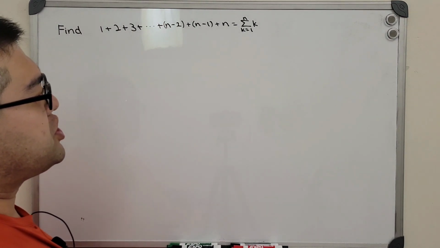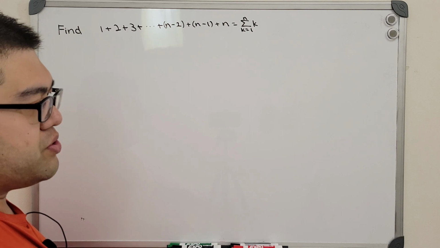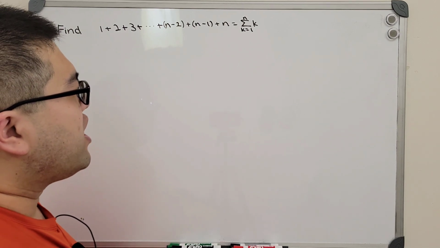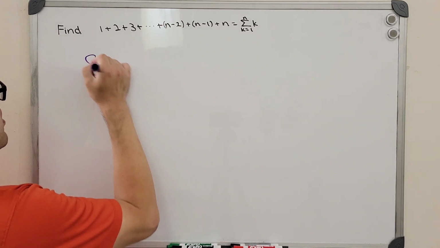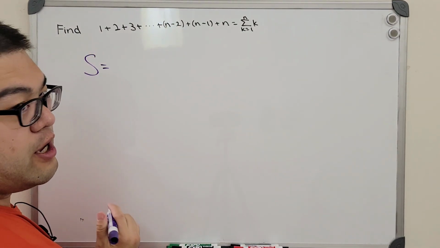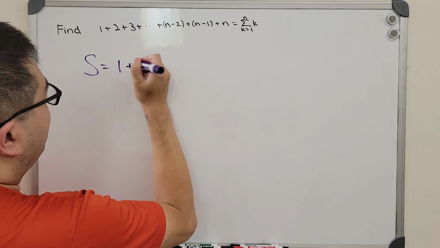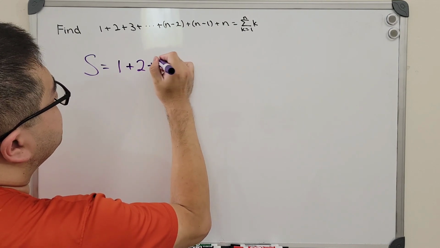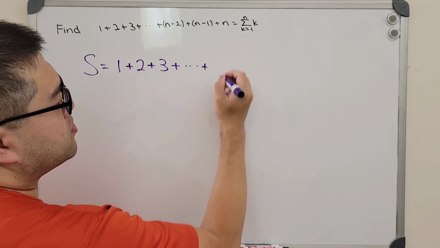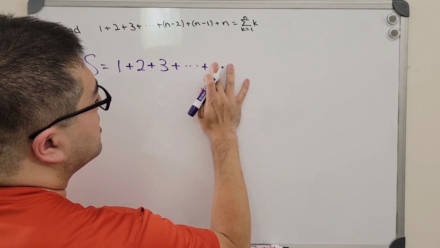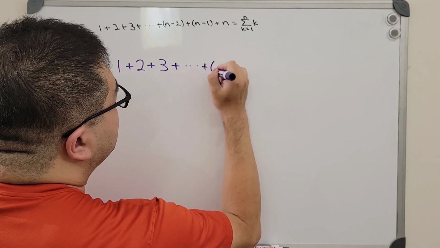We just need to change the last term 100 into any variable n here. How do we do it? First, we're going to set this sum as some variable capital S, such that S equals 1 plus 2 plus 3 plus dot dot dot to the last term n.